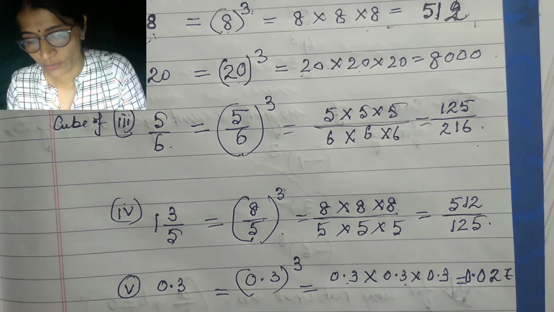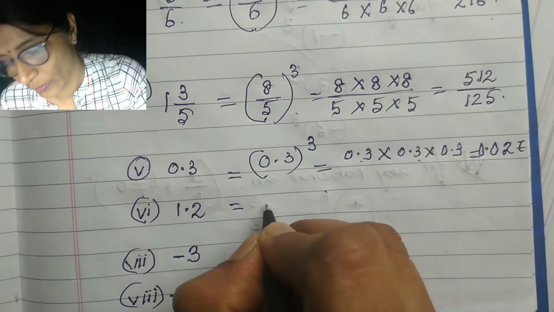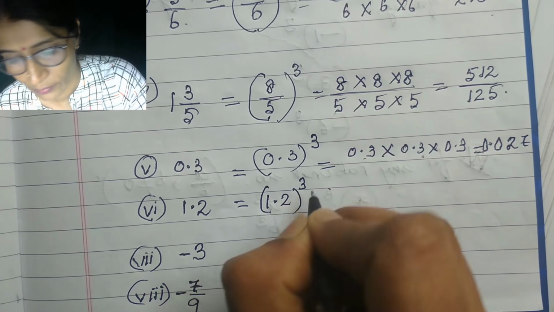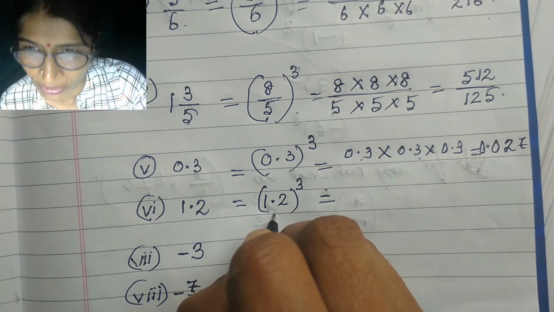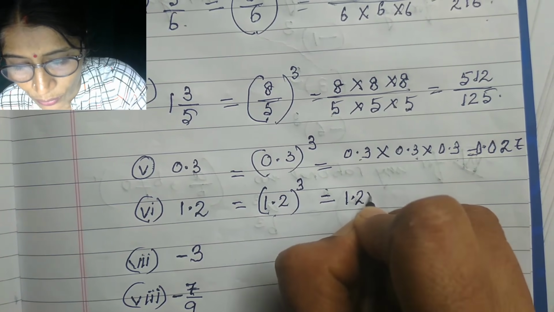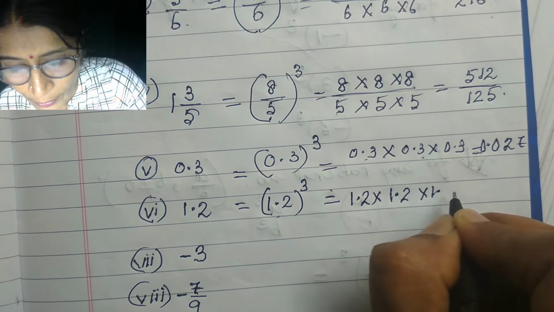Next is 1.2, whole cube of 1.2. So what I will do, 1.2 whole cube means raised to the power 3, then that is equal to, I will multiply the given number 3 times, 1.2 into 1.2 into 1.2.